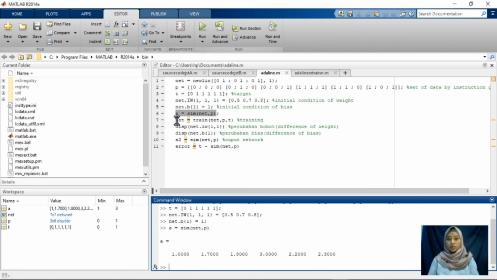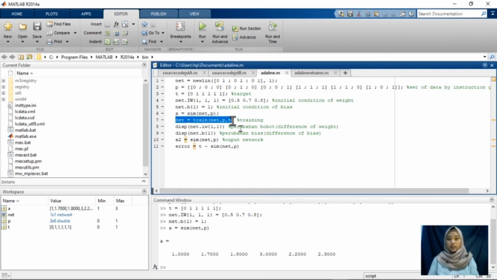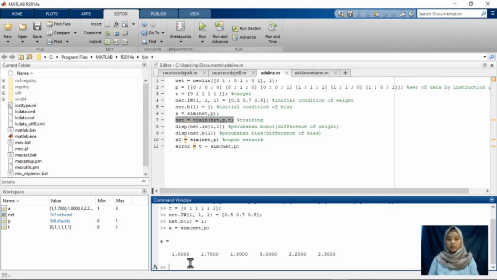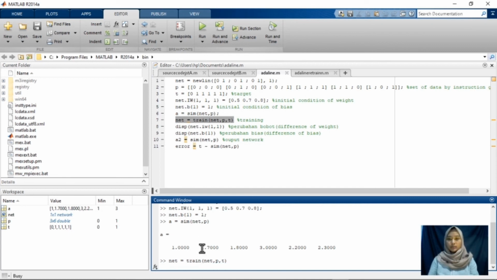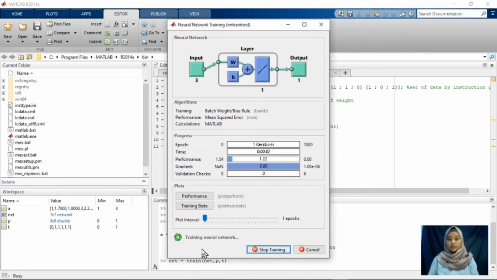And then, to train this ADALINE network, we have 3 inputs and 1 layer, a single linear problem, and the output is 1.